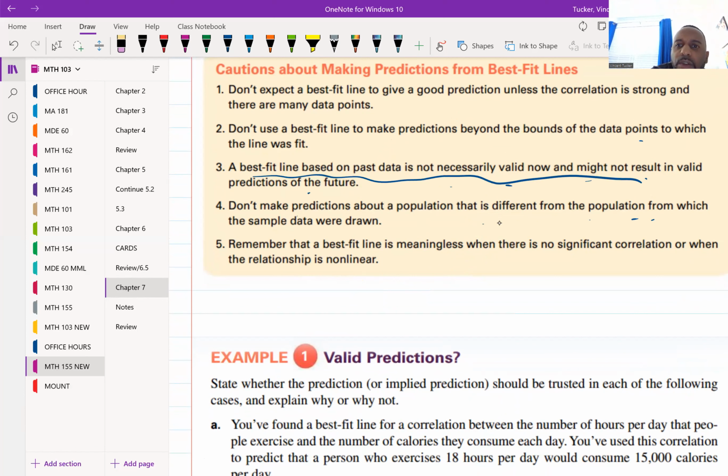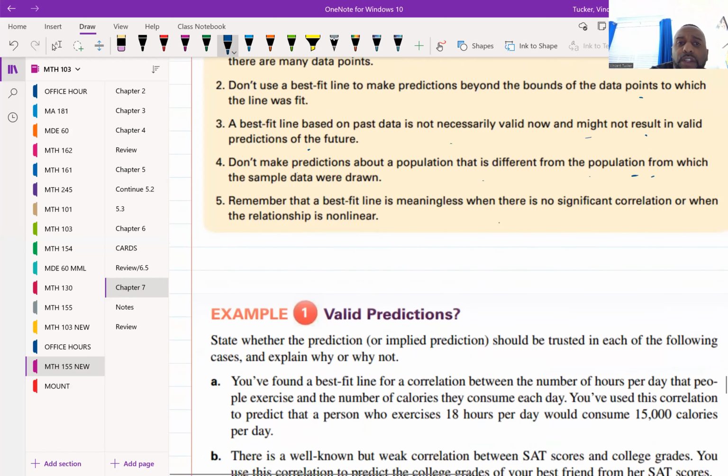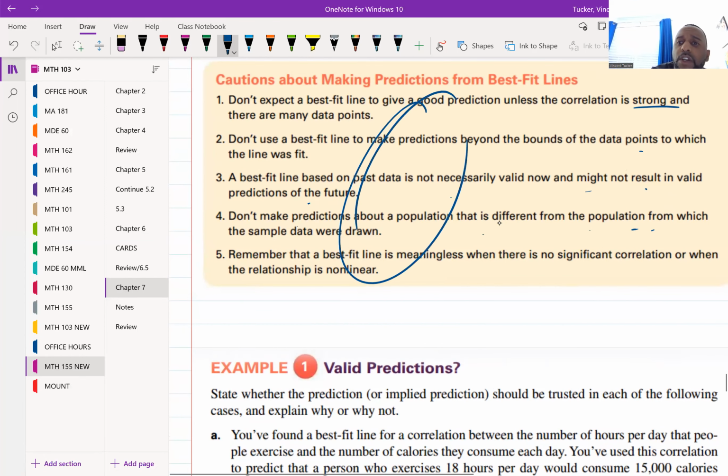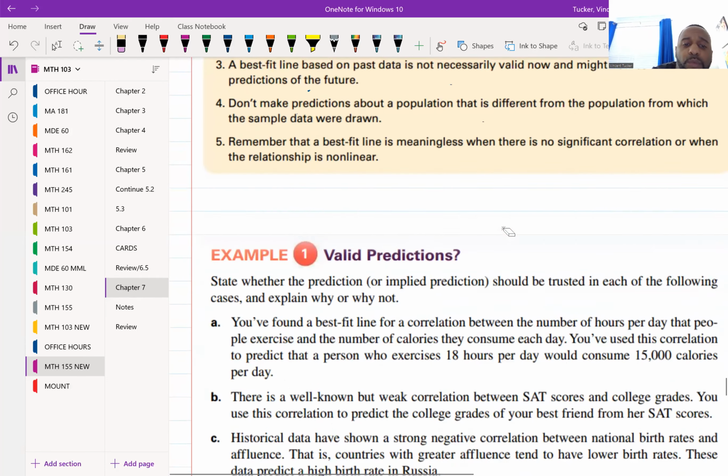Past data is not necessarily valid now. Good prediction is based on strong correlation. So that one addresses the weak one. So all five of these address why a prediction would be valid or not valid. So that's what we're pulling from.